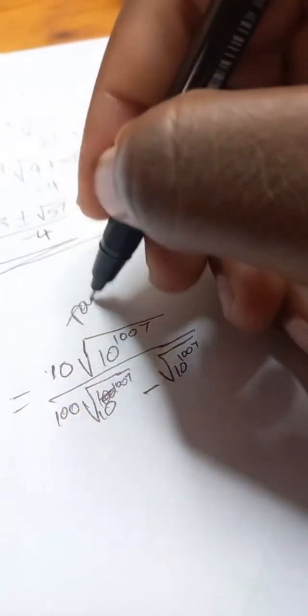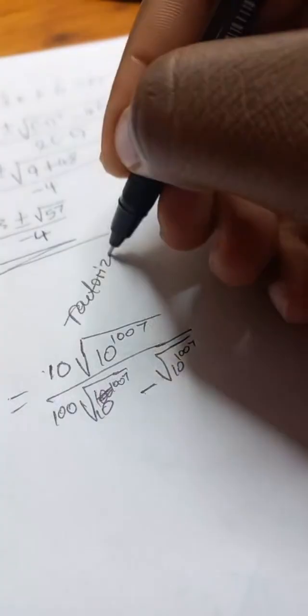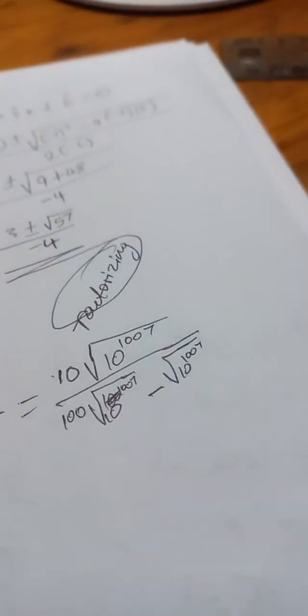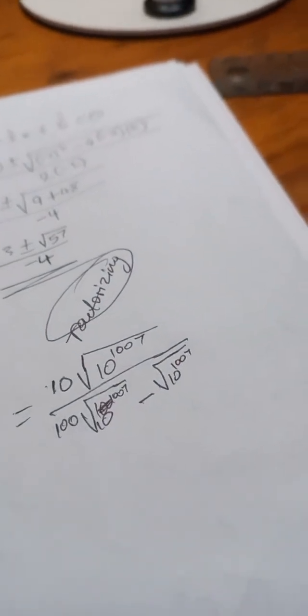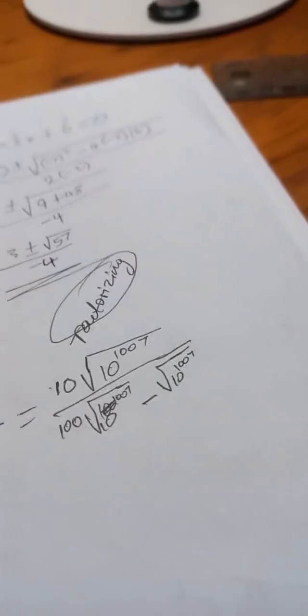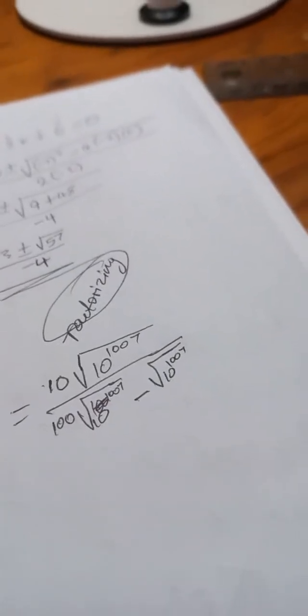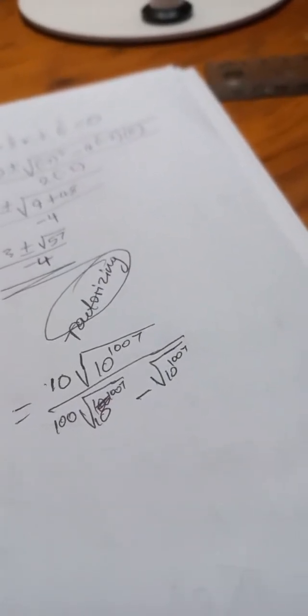Now when you have done like this, remember I once told you about factorizing. You must be able to factorize. The moment you say grade 11, grade 12, factorizing must be in your blood, right?